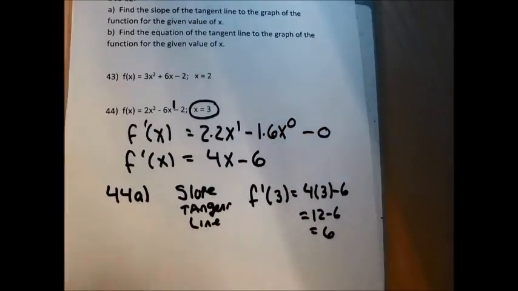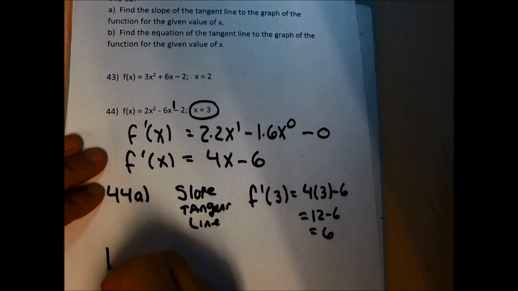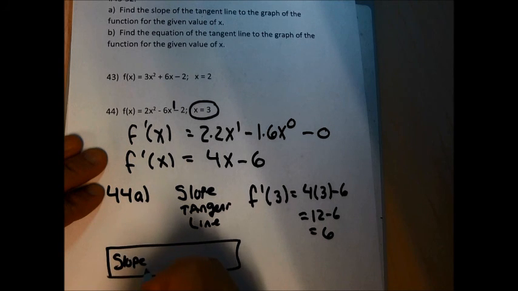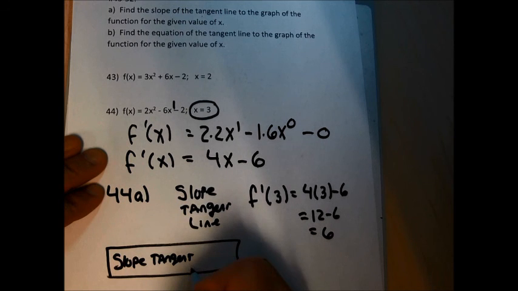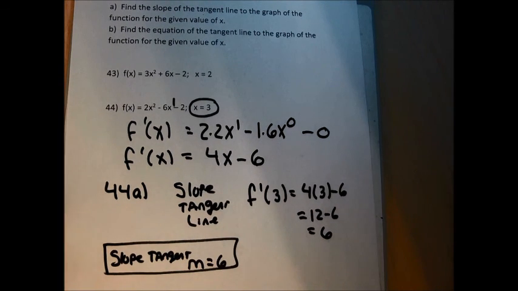So I have a slope of a tangent line, and that's part A done. So this is part A. Slope of the tangent is m equal to 6. Now I'll move on to part B. Part B says find an equation of a tangent line.